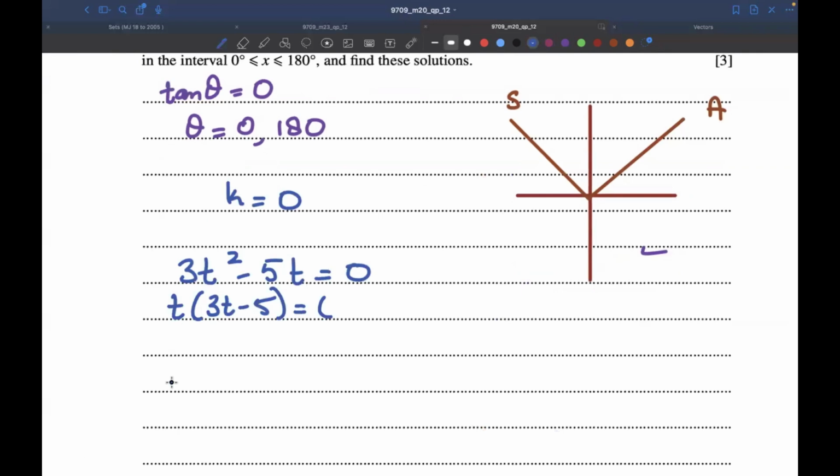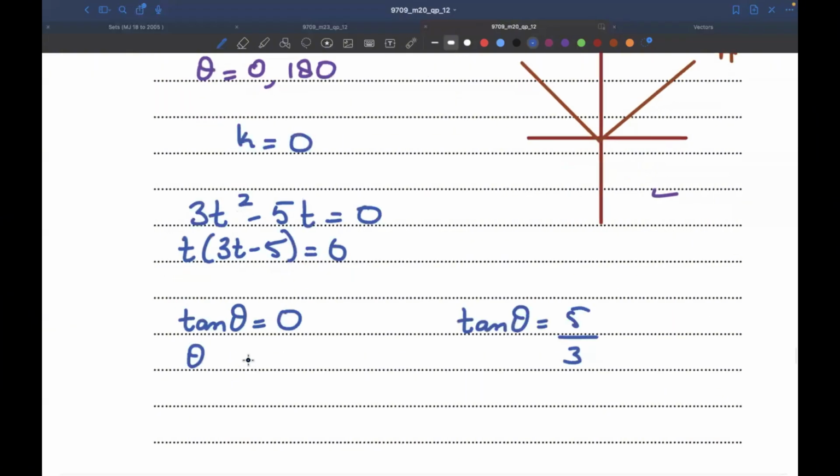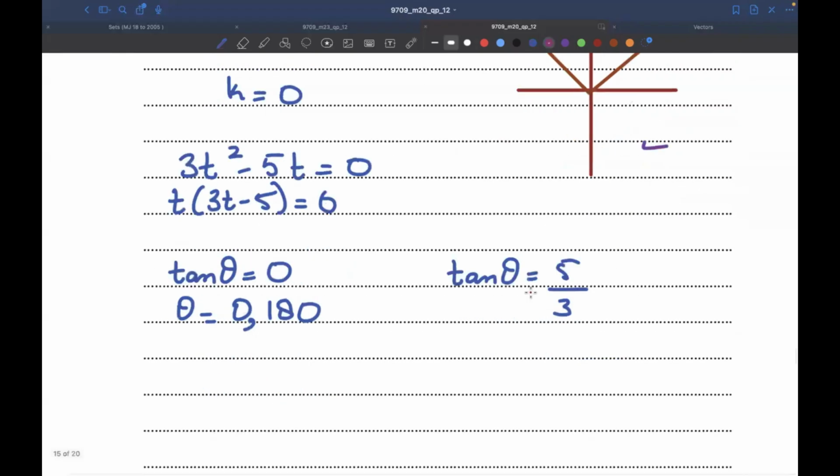Now we can see that one of the values of tan theta is equals to 0, and the other value of tan theta is equals to positive 5 upon 3. We already now know that tan theta is 0 when theta is 0 and when theta is 180. And to find this value, we'll first find the basic angle, which is tan inverse of 5 upon 3.